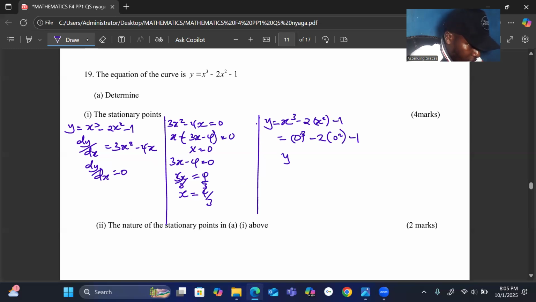So we shall have y equal to minus 1. Then when x is 4 over 3, we have 4 over 3 cubed minus 2 into 4 over 3 squared, then minus 1. So our value of y becomes negative 2.185.